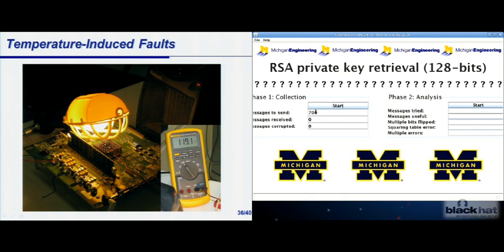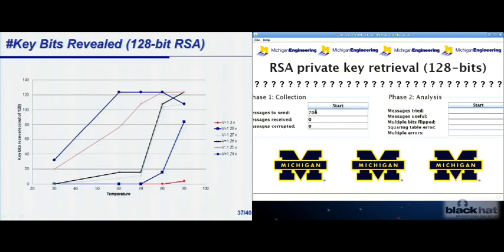The temperature of the chip is really not the same as the one between the chip and the board, but it's something so we can work with some numbers. Being a class project, they started with 128-bit RSA, and they were actually able to extract the private key. They had some problems at the beginning because there were temperature runaways, meaning the processor would get hot and start making mistakes, and that would make it even hotter, and then everything would be broken, and there is nothing useful for me.